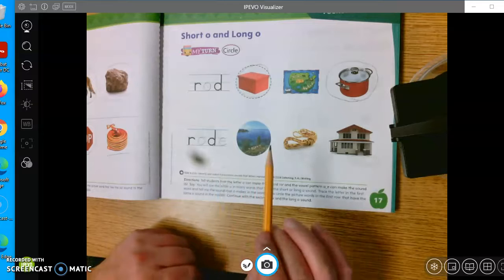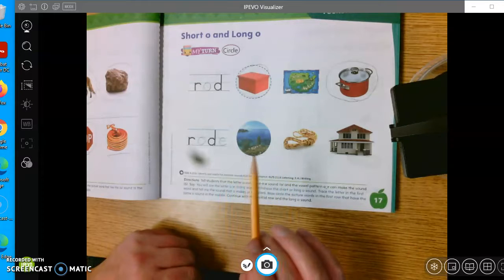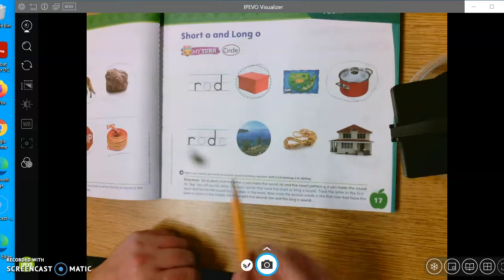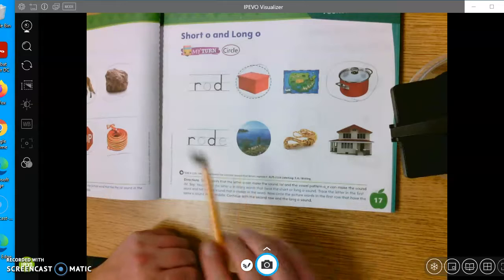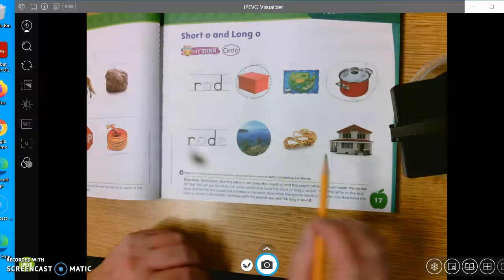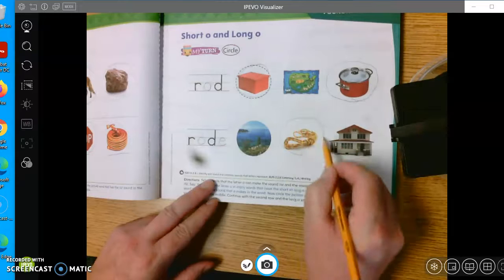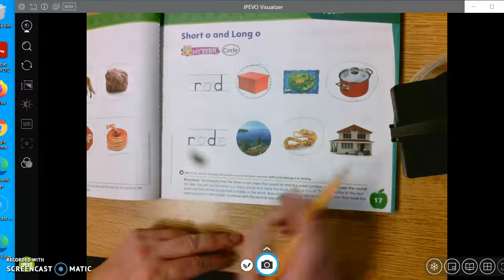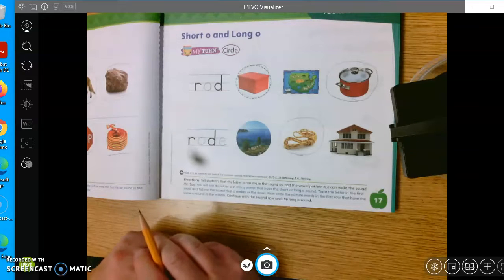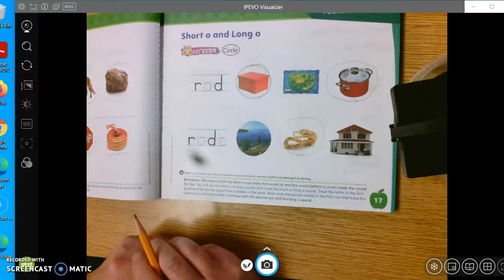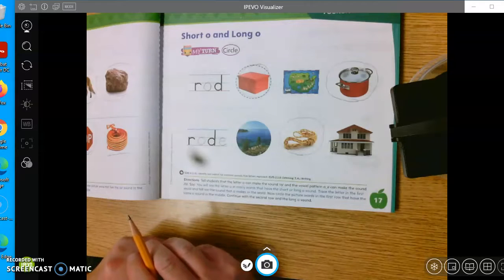R, O. I hear the long O sound. Do you hear it? Just like road, rope. There it is. Very good. Here's a house. Now, it's kind of tricky because that O sound is right next to the U sound. But if you listen close, you can hear the long O sound.